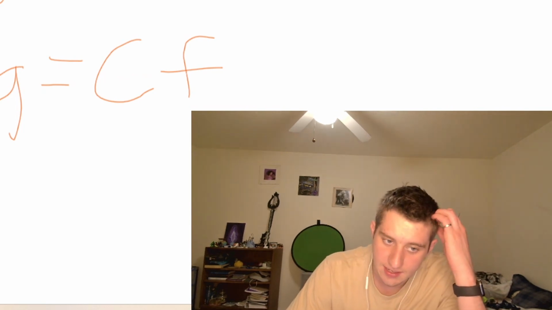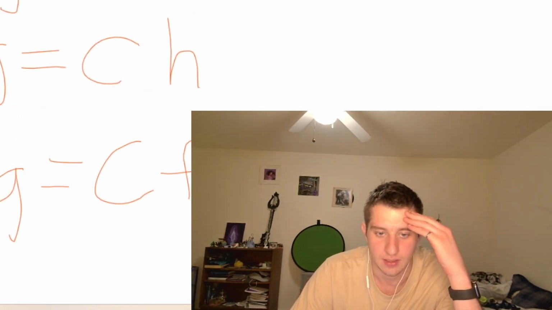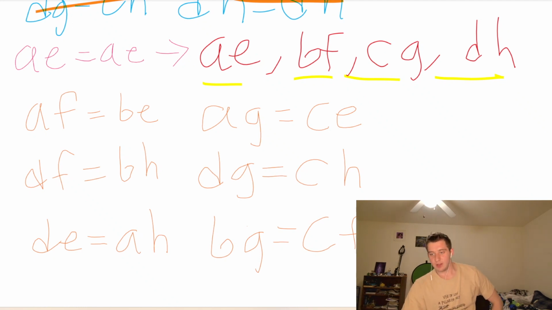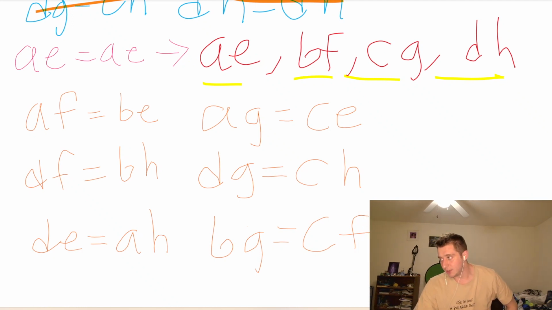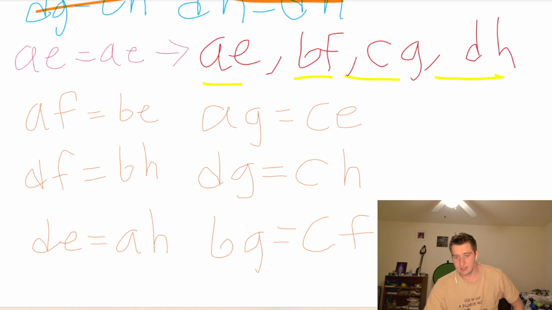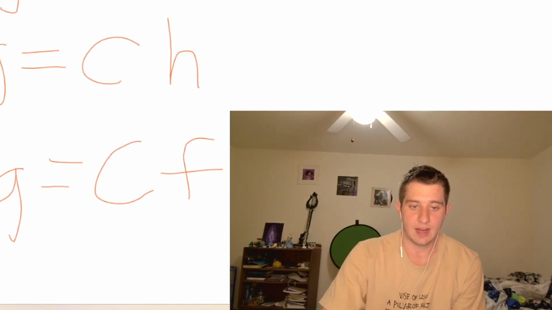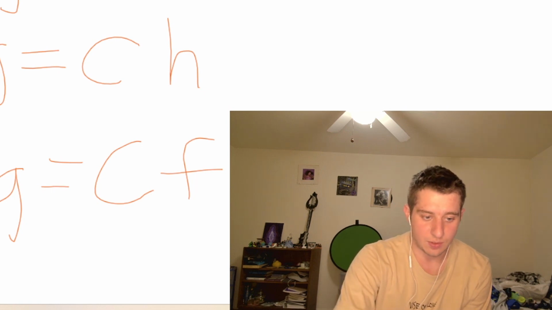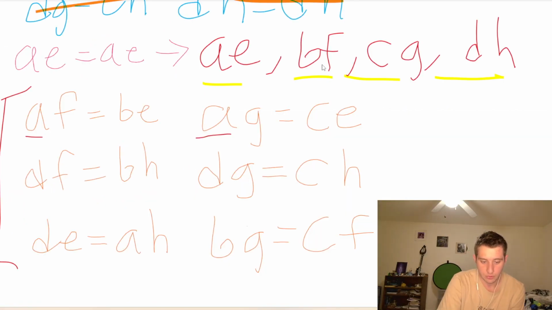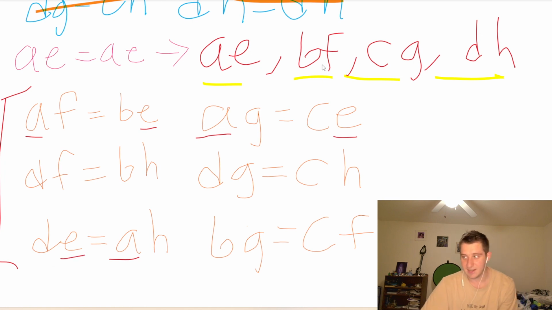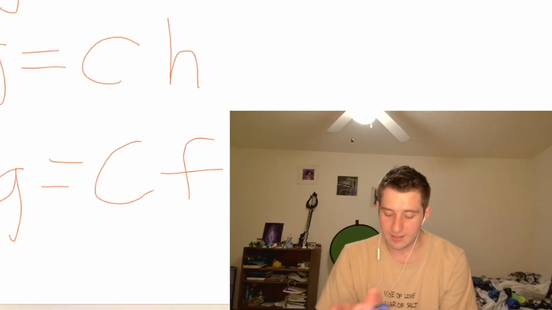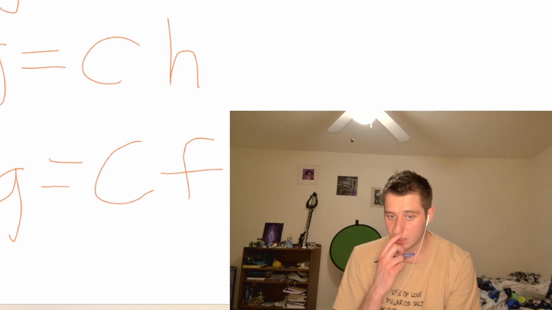The next thing I noticed when I was trying to solve this problem is that we have AE equals AE, and then we have these equations. If you'll notice, you can't find an equation with an A that does not also have an E on the other side. Isn't that interesting?